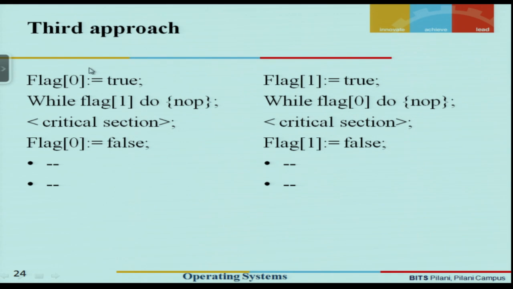That is, when a process is going to start and wants to access some resource, in the beginning itself it indicates this by marking its flag equals to true, and then it checks the status of the flag of the other process. So now if this instruction has executed, and after that another process comes and tries to execute the same instruction, what would happen?